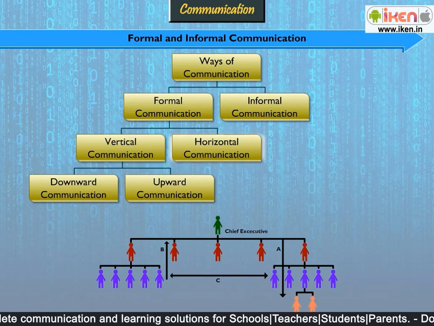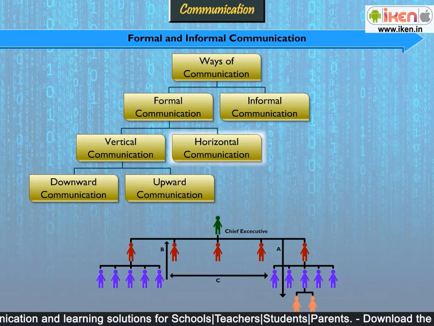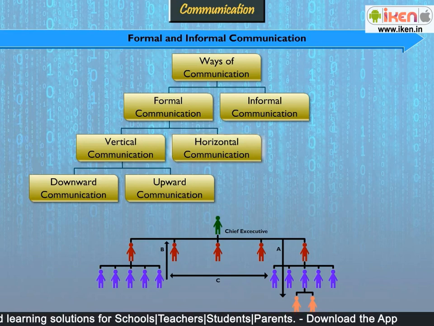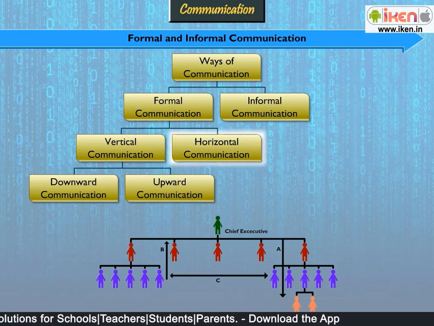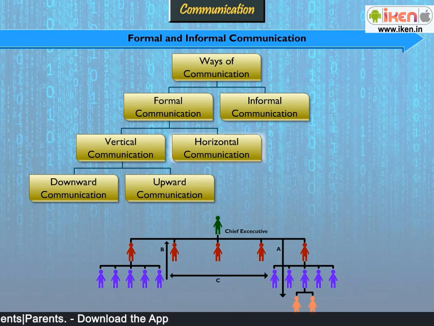Horizontal or lateral communication occurs between employees on the same level in an organization. For example, a production manager may contact a marketing manager to discuss schedule of product delivery, product design, quality, etc. It is explained by arrow C in the organization chart.